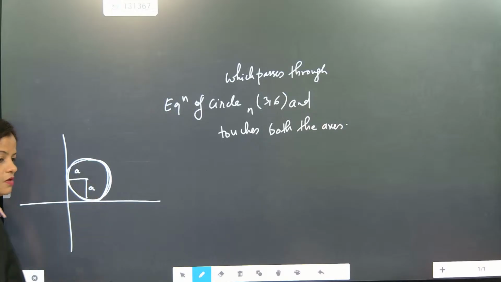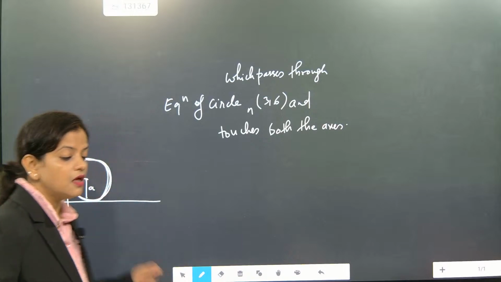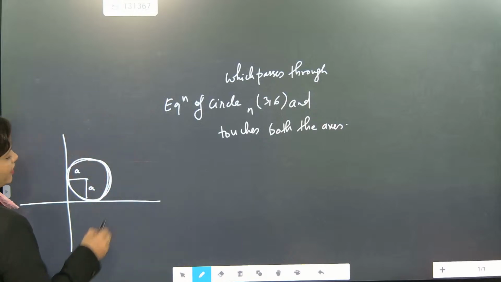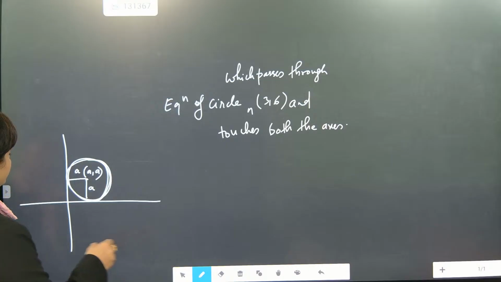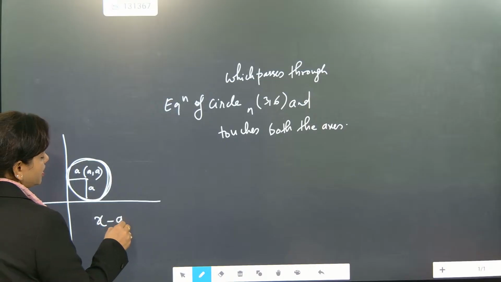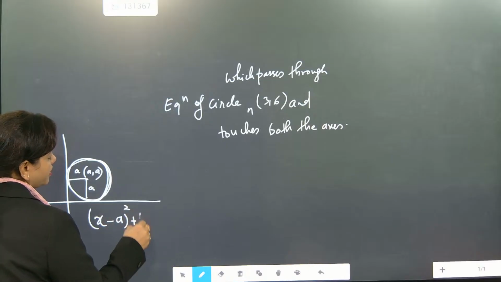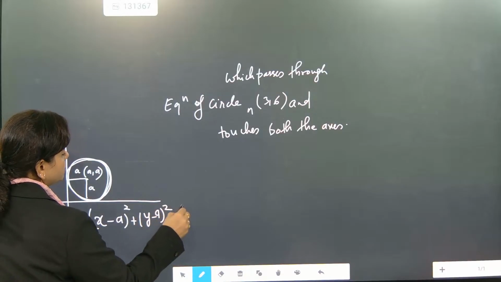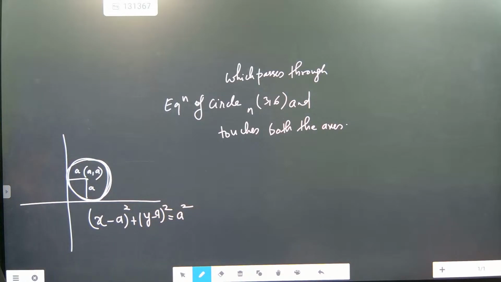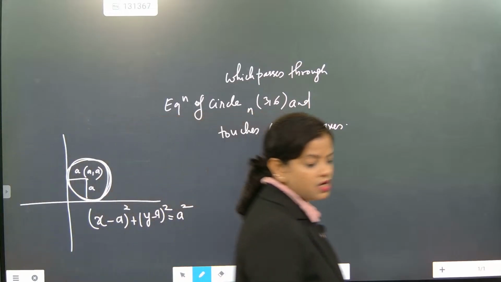That means the circle touching both the axes will have common x and y values. So the center will become a, a for that circle. Then the equation of the circle will become x minus a whole square plus y minus a whole square equal to a square, in that situation when the circle is touching both the axes.